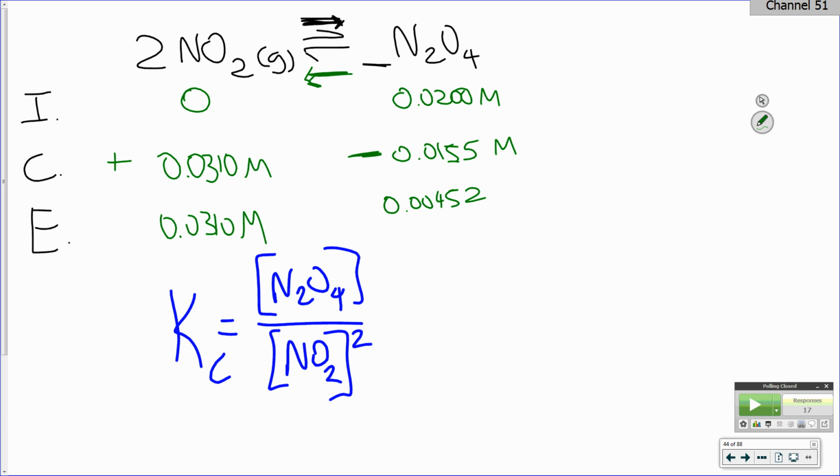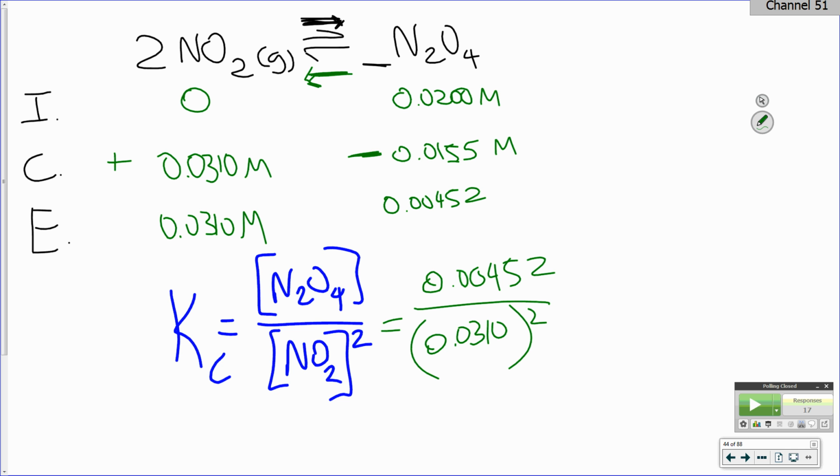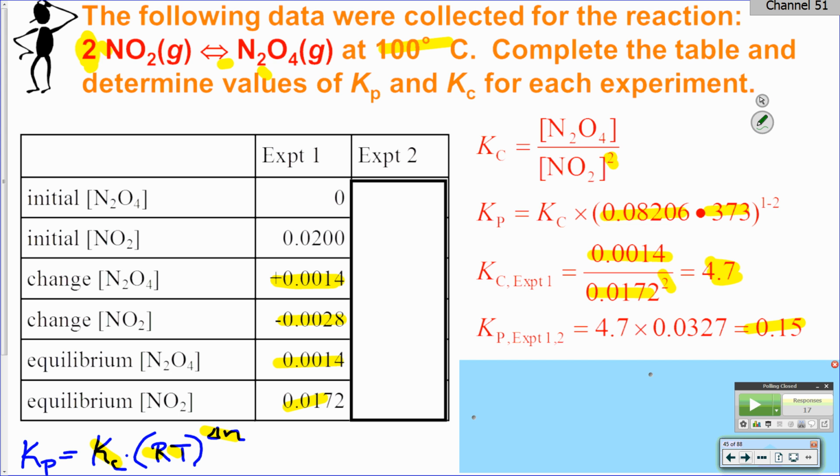Okay, so let's go now and plug those into our K expression. So products over reactants. Square it. And I get 4.7. What did we get a while ago?